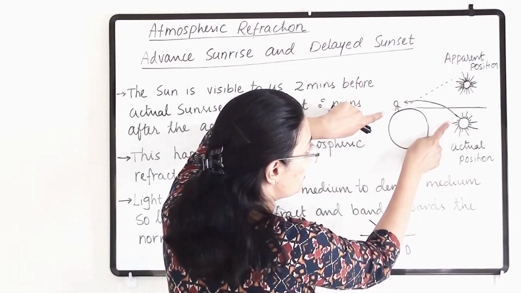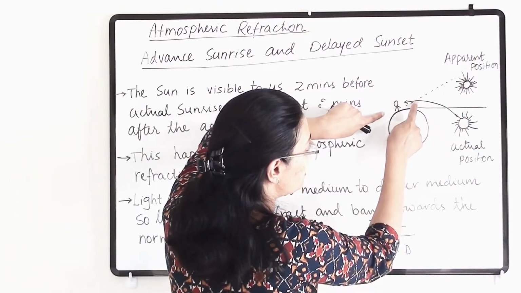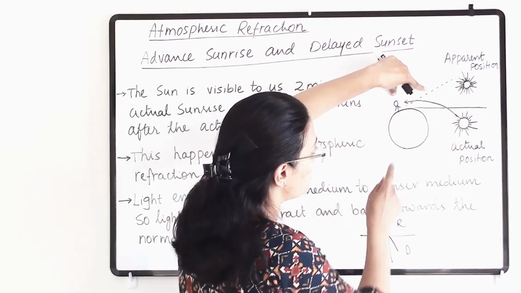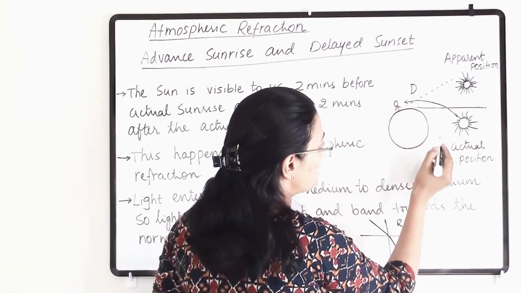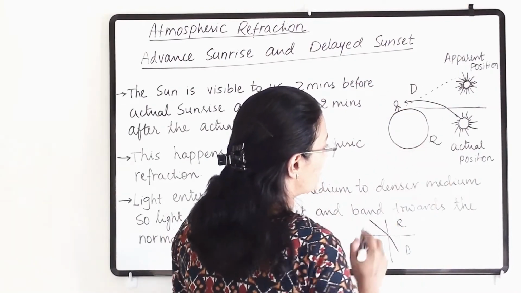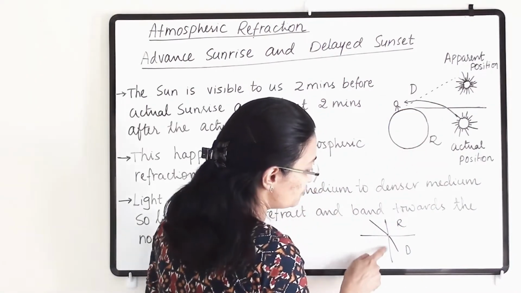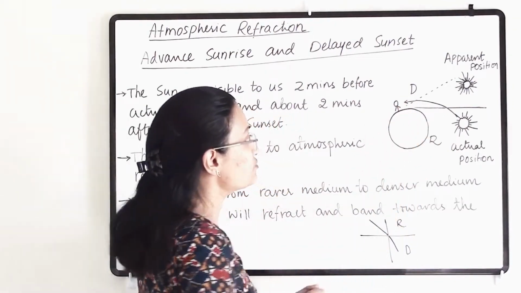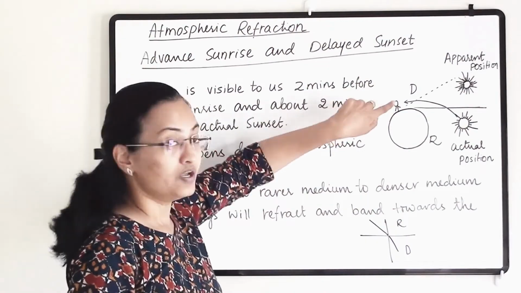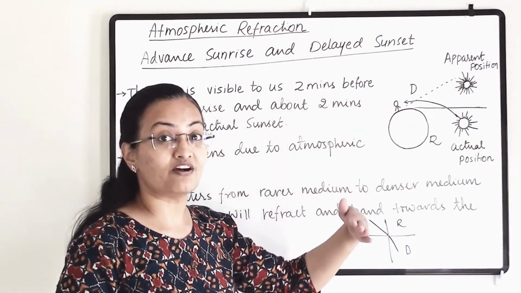So once the light ray is entering the earth's atmosphere, let us imagine that this is the earth's atmosphere, which is a denser medium, and this is vacuum, which is a rarer medium. So as it enters from rarer to denser, it will move towards the normal. And this is why we will be able to see the sun 2 minutes before and 2 minutes after the sunset.